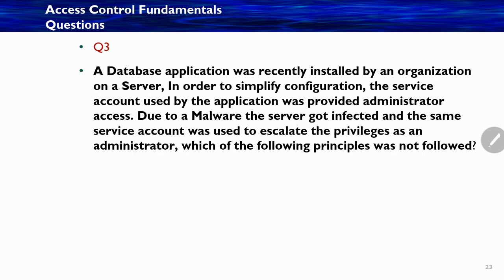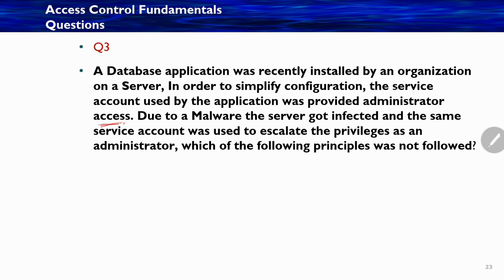Question 3. A database application was recently installed by an organization on a server. In order to simplify configuration, the service account used by the application team was provided administrative access.